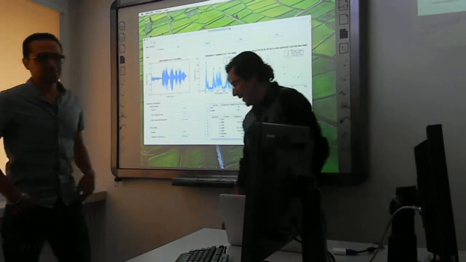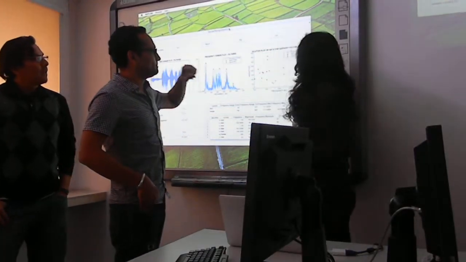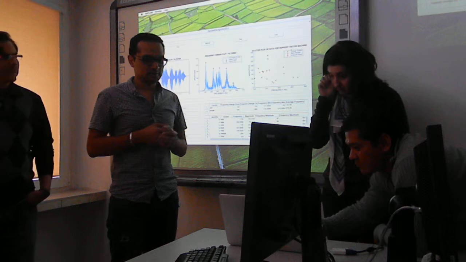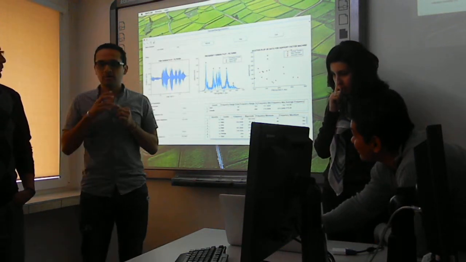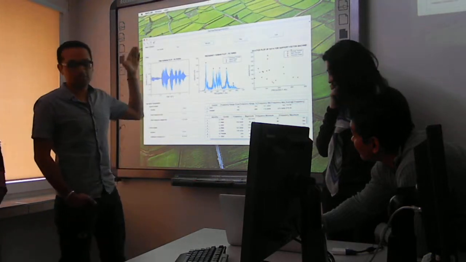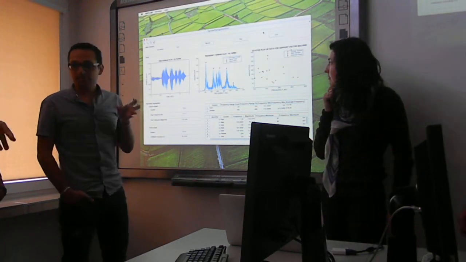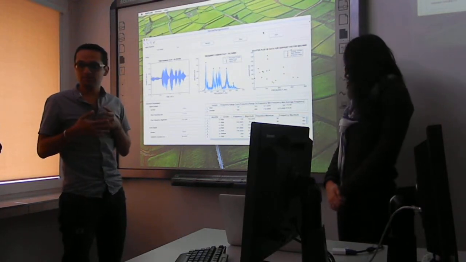So one thing that I want you to notice is that we're actually learning from new data. How the program works is that it captures the data and processes the signals.